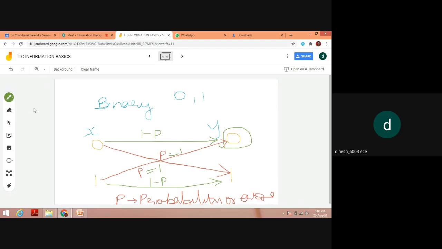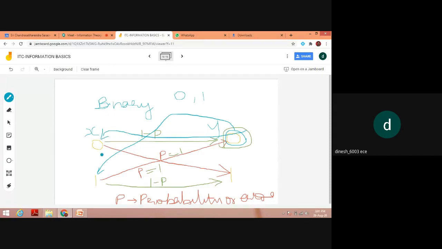I'll highlight in another color. So 0 depends upon what? It depends upon the input 1 in this case and in this case.